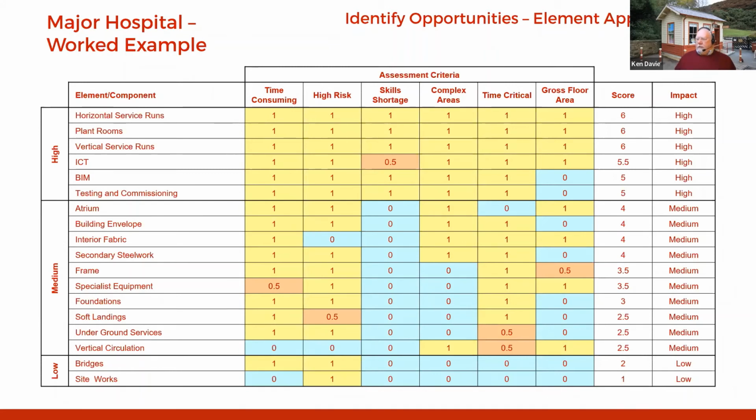And interestingly, in this case, BIM came out fairly high on the list, and as a result, a training facility was actually set up in the local area to help inform the background process and the supply chain.